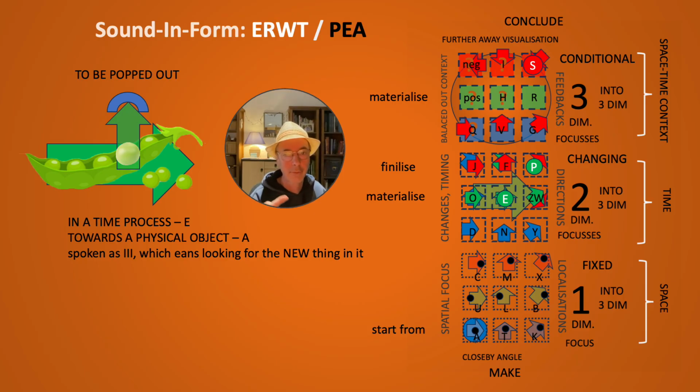Okay, I look for something new. The E means I find something new. So it is like I have this whole object, and within that is that new thing that I need, actually, which of course will be able to be popped out because that's how I see it.